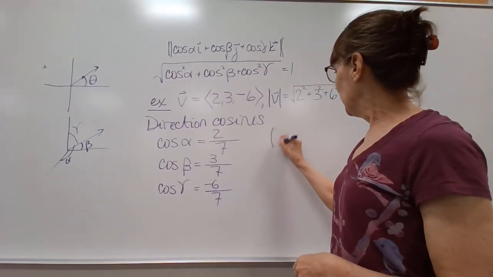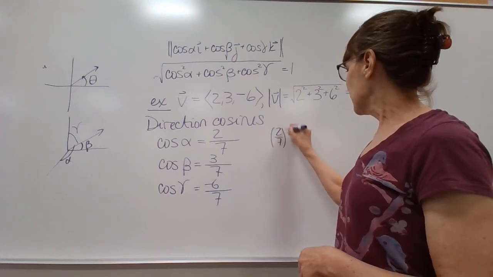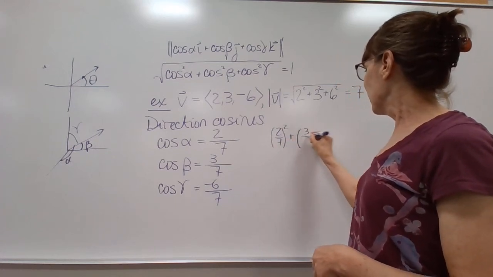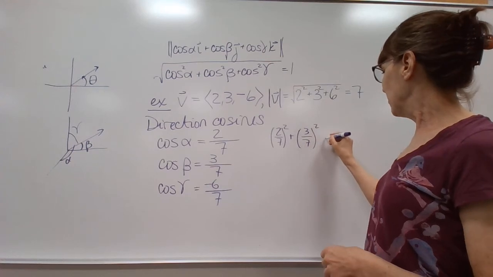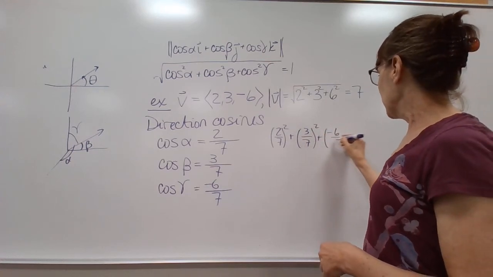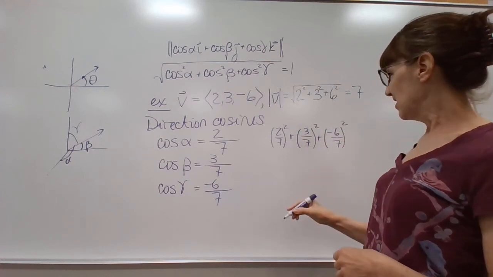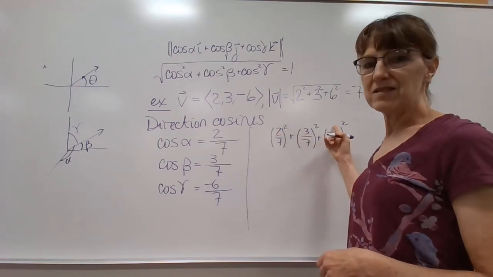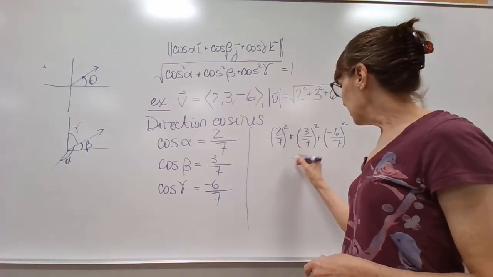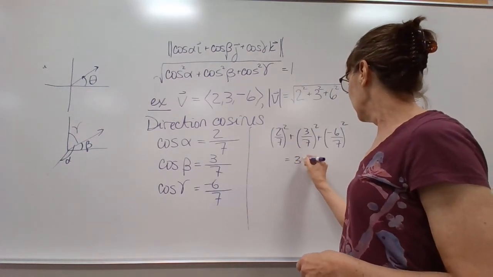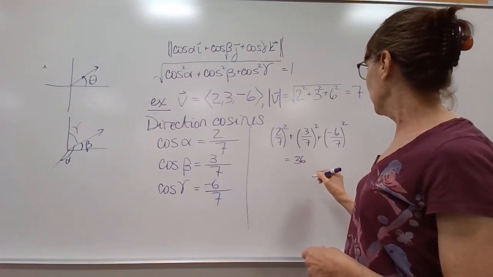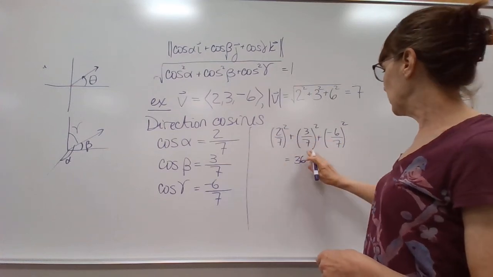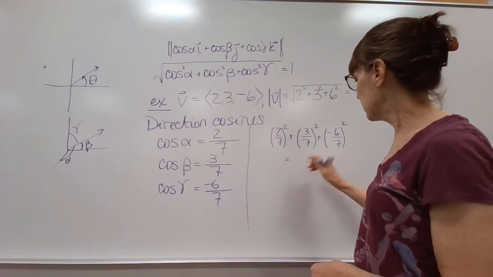So we're going to do 2/7 squared, 3/7 squared, and negative 6/7 squared. Got 4 plus 9 plus 36, much like we have right here, which totals 49.